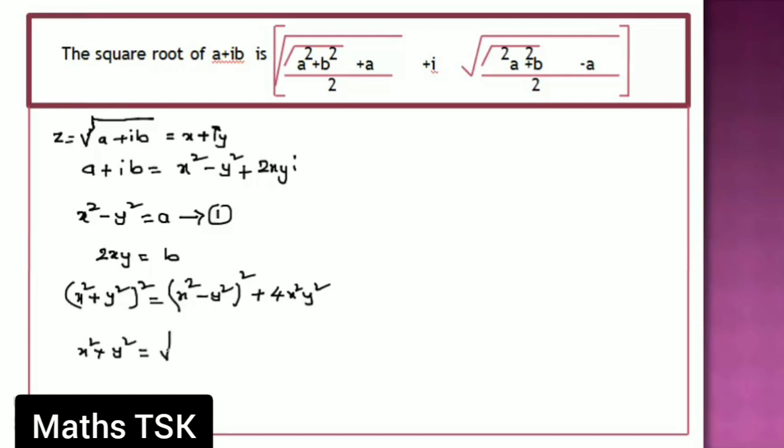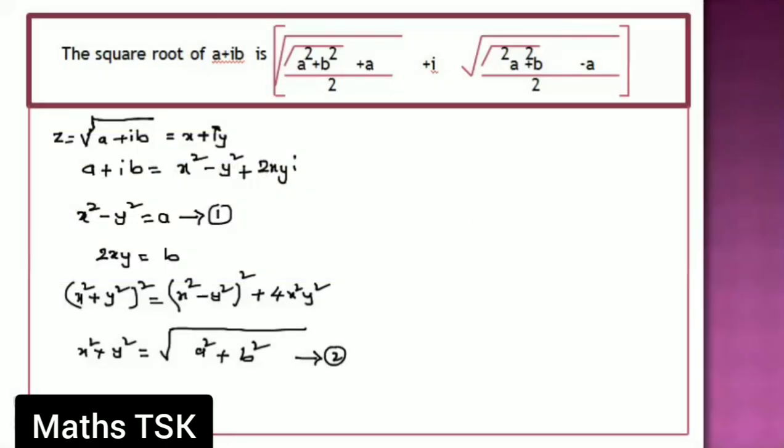So I can write x square plus y square is the square root of a square plus b square. Now I consider this as equation number 2.